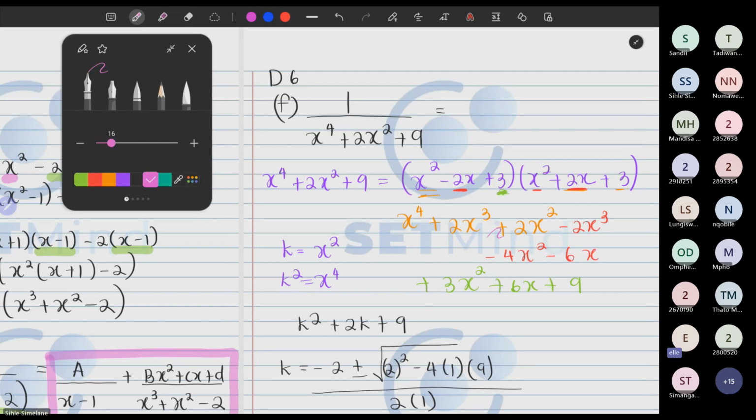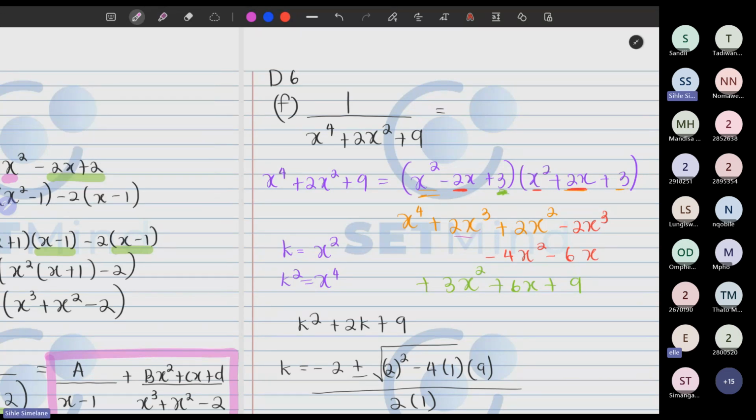So let's simply see how these terms are going to cancel. So this cube and that cube will cancel. And then we have a 2, and then we have a minus 4, which makes it minus 2, and then we will have a 3.